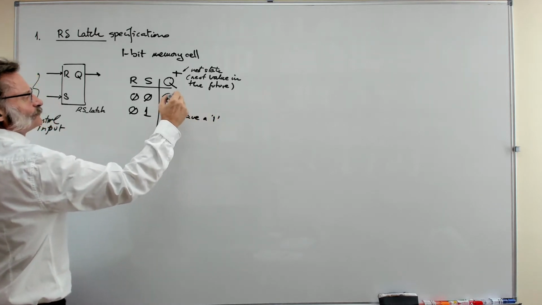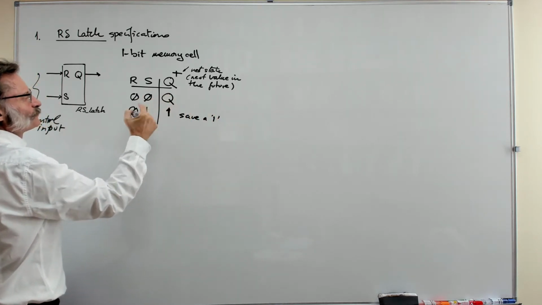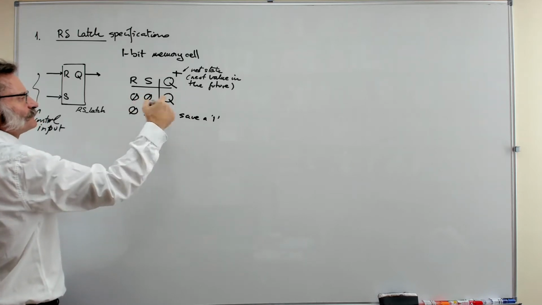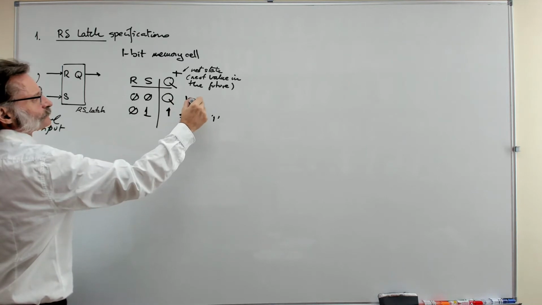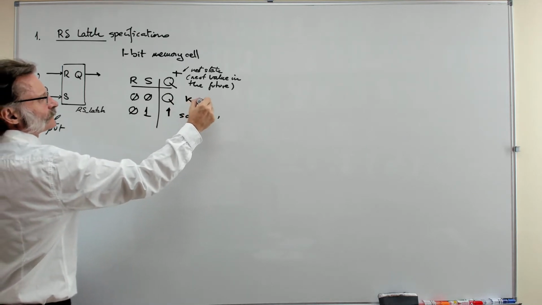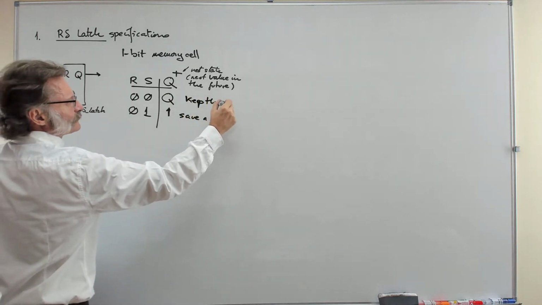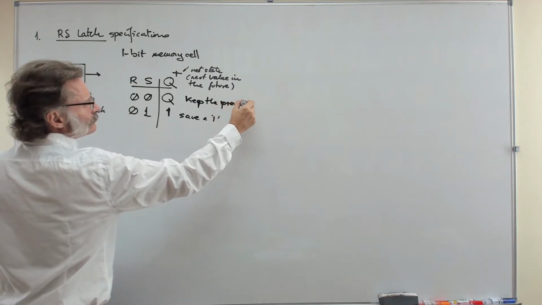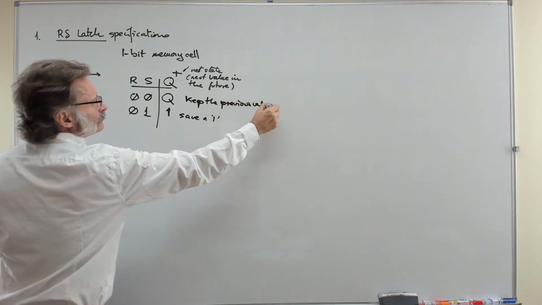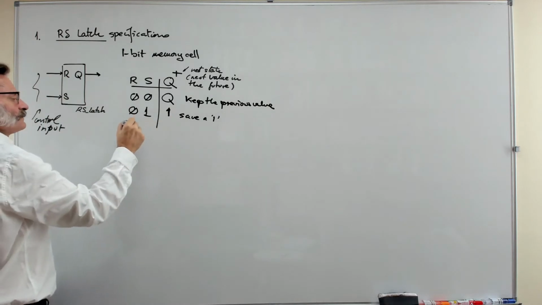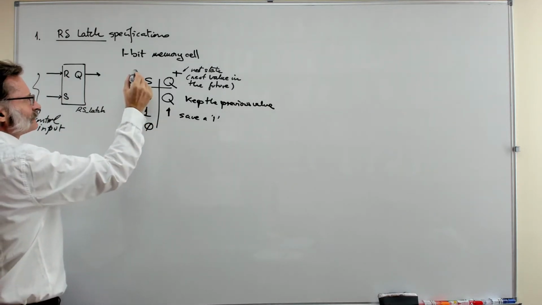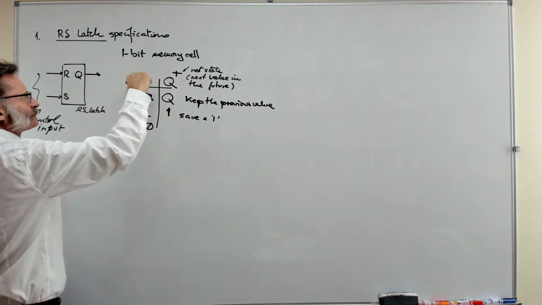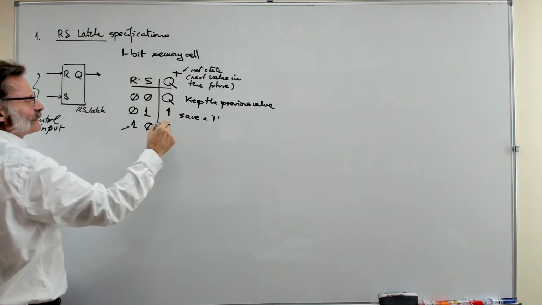Okay, you do nothing, you see. If you do not drive any one of the inputs, if you like to do nothing, you keep the previous value. So in the future you keep the previous value, or like this, you are driving the R, so what you like to do now is to save a 0.